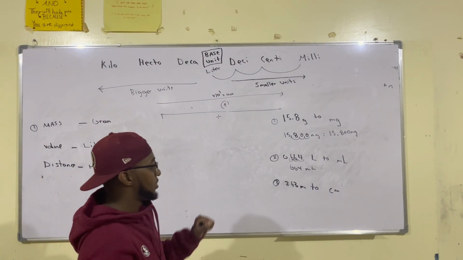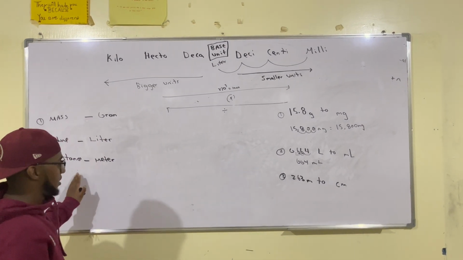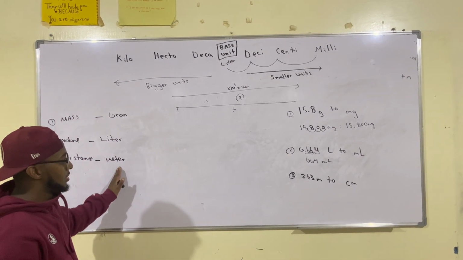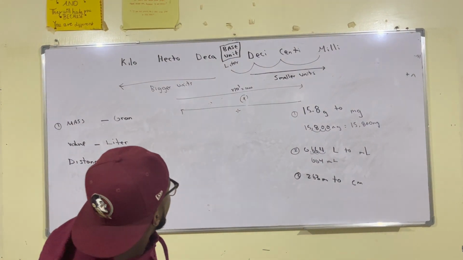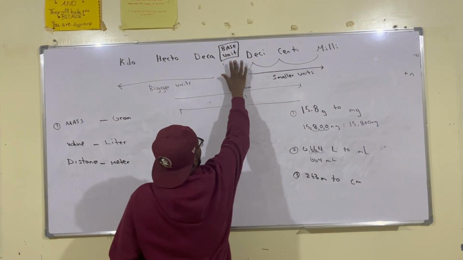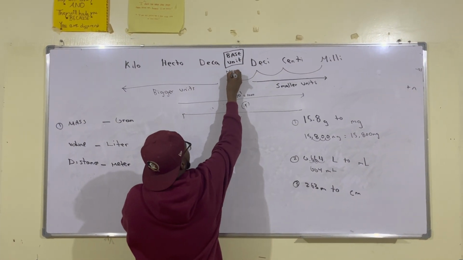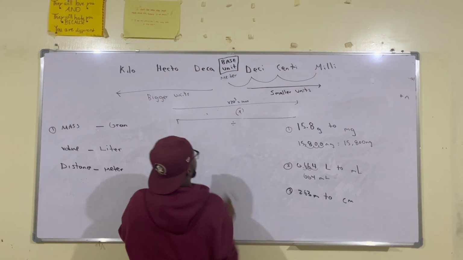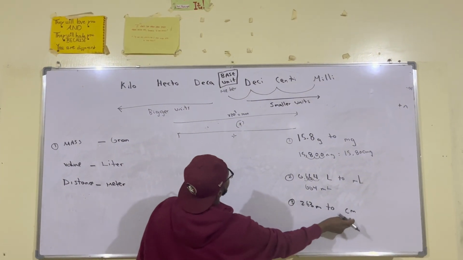Okay, for number 3, we're going to convert distance, right? The base unit is meter. Here. Same thing, we're going to go from meter to centimeter.